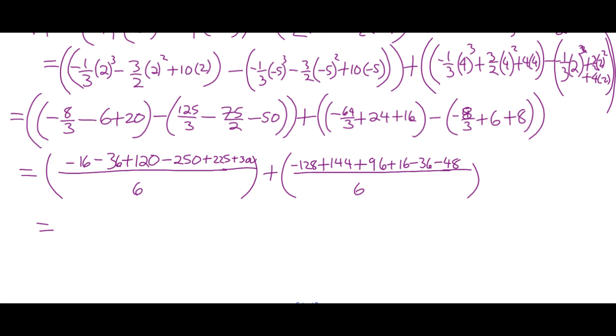Okay, so we just get a negative 25, that'll give me a 275. 295, 395 minus 48. So 347 over 6.